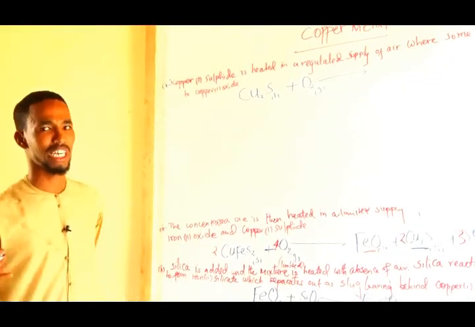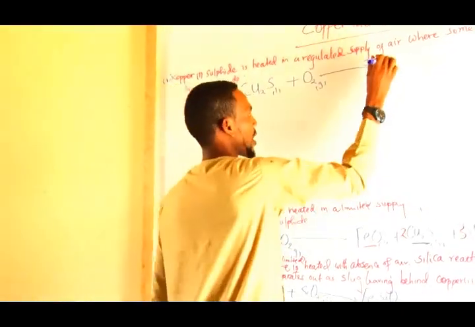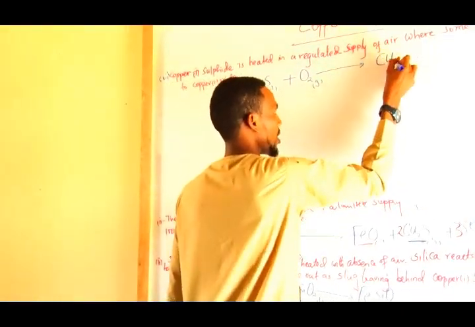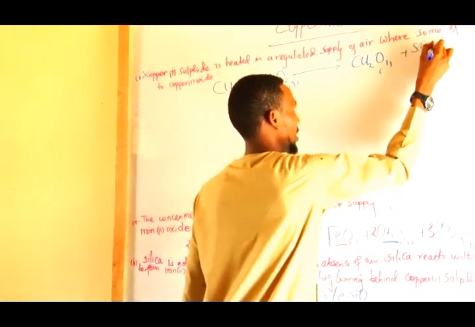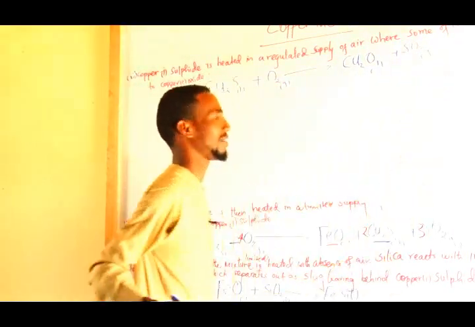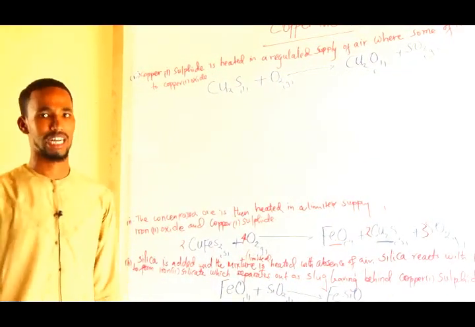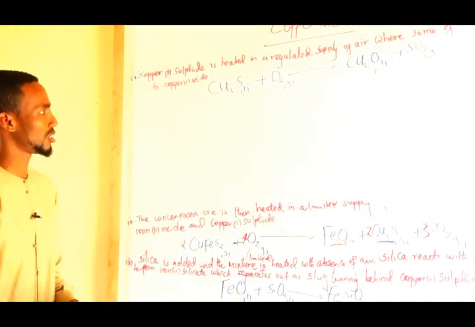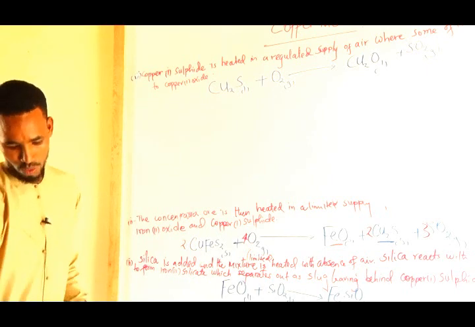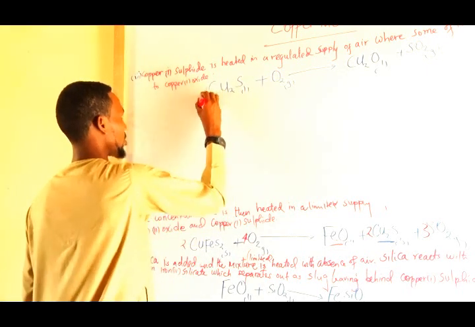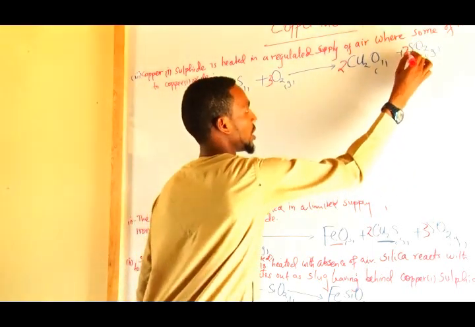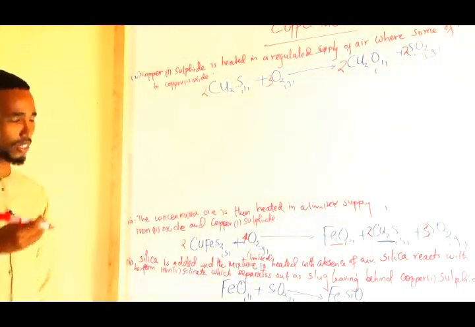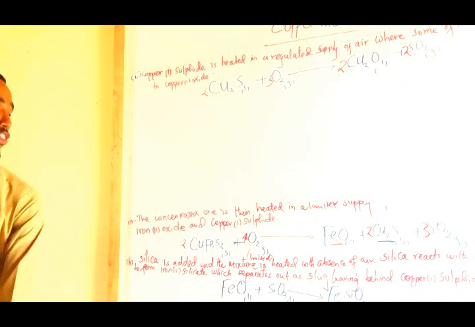Some of it is converted to copper 1 oxide, and sulfur 4 oxide gas is produced. And when we balance now, 2, 3, 2, and 2. So that is stage number 3.